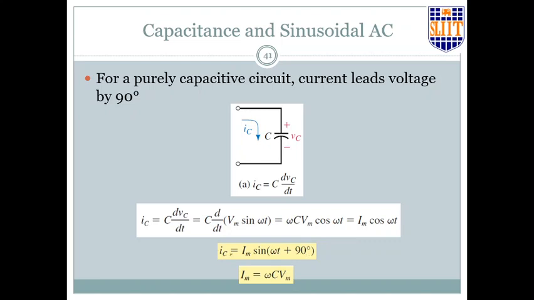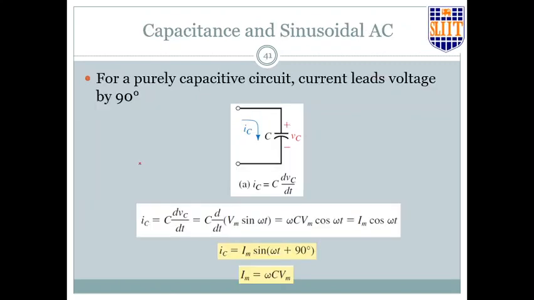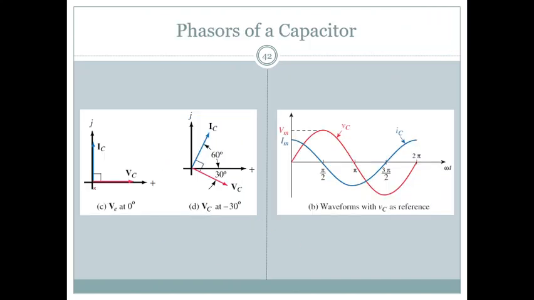So current is leading by 90 degrees to the voltage, and this relationship also holds. So V is equal to XC Im, where XC is 1 upon omega C. Okay, if you draw it, now we took voltage as reference, so V has to be horizontal, and the phase angle of I was positive 90 degrees, so that is going upwards.